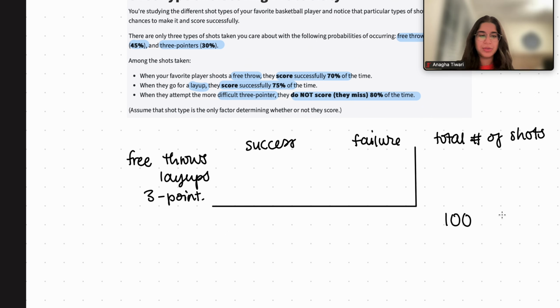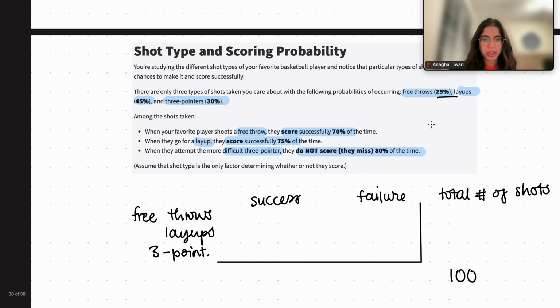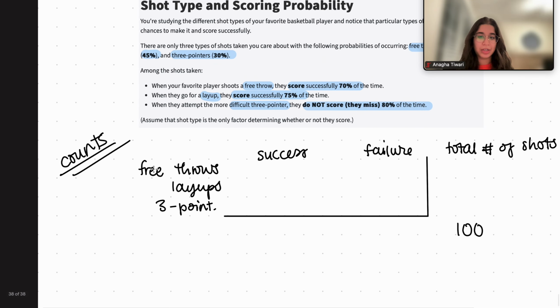I wouldn't recommend anything less than that, because then you're dealing with smaller numbers with decimals, since we have smaller probabilities here. So let's take n shots, and let that be 100. Based on these probabilities, it's easier to count the number of shots that are free throws, layups, and three-pointers, and how many of those are successes and how many are failures. By making a probability table with these counts, we can more easily calculate the actual probabilities.